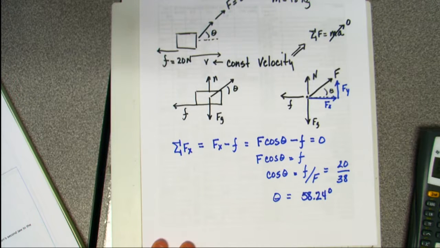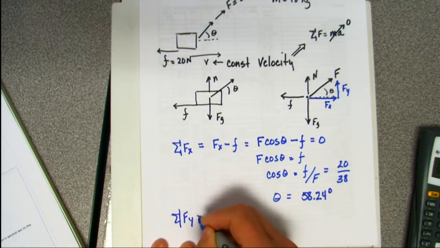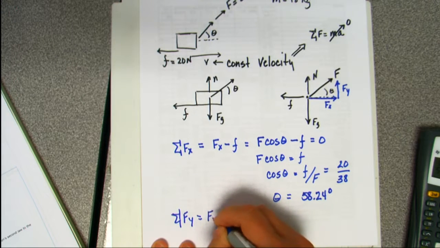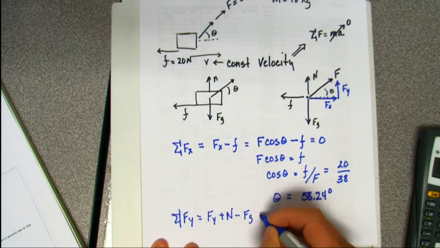Now it wants to find the normal force. Sum of the forces in the y direction is going to be my force y plus my normal force minus my force due to gravity.